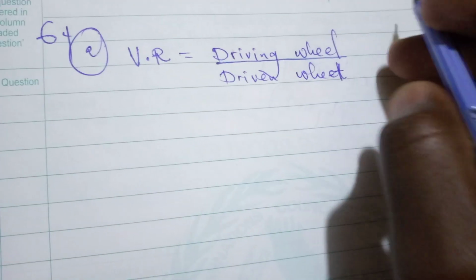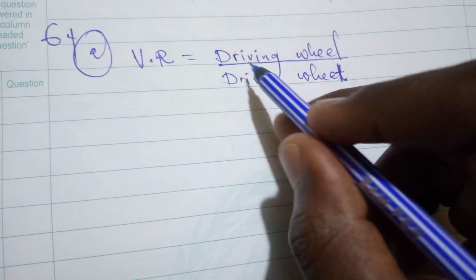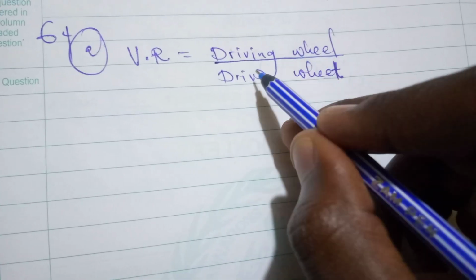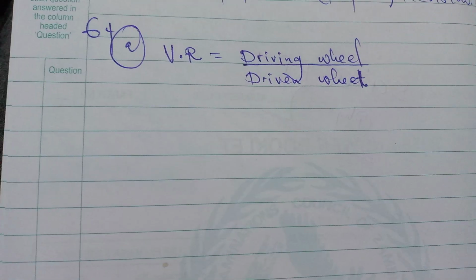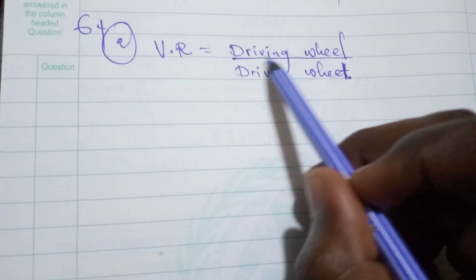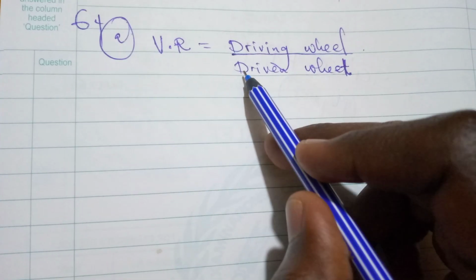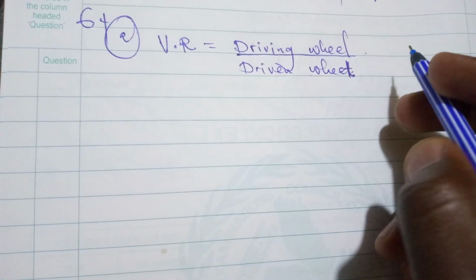One thing that you should bear in mind is that sometimes they are not using driving wheel or driven wheel. Sometimes where you are seeing driving wheel, there is input wheel, and then down there is the output wheel.